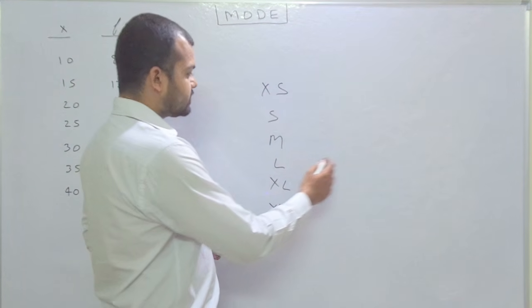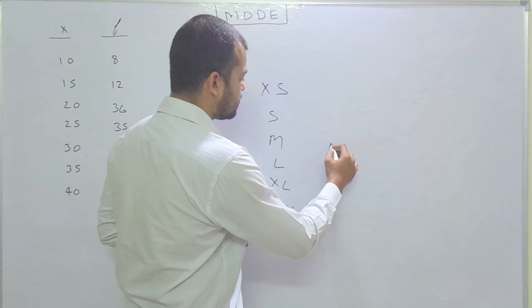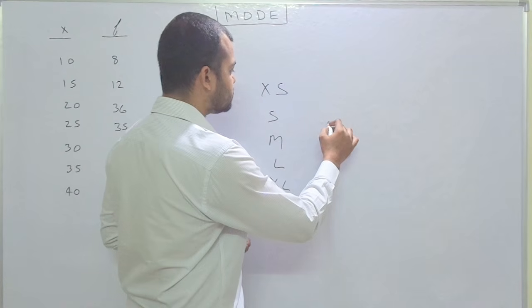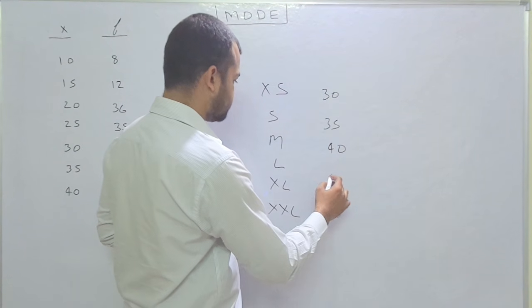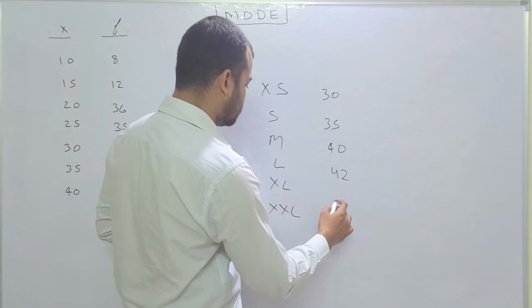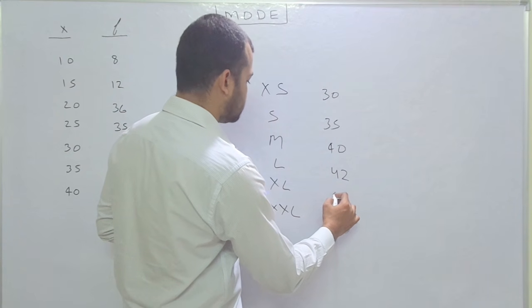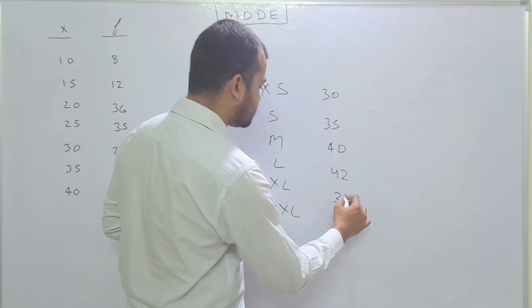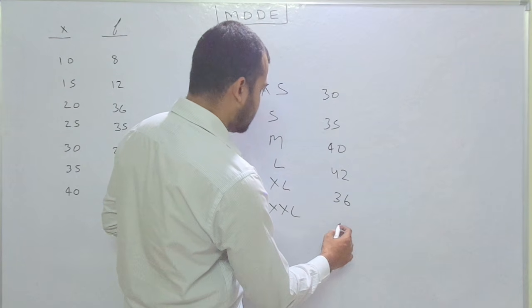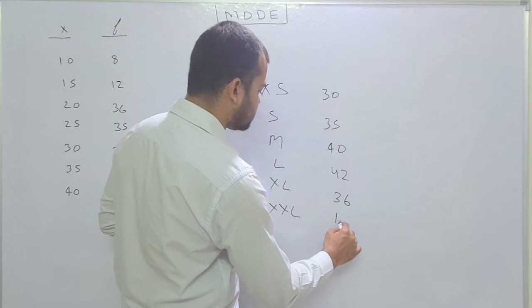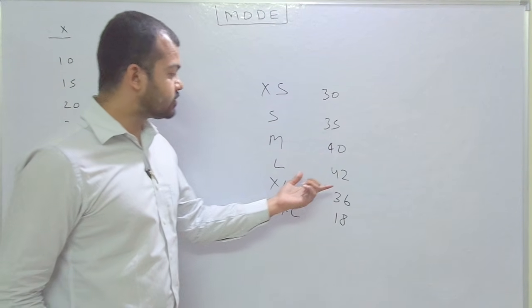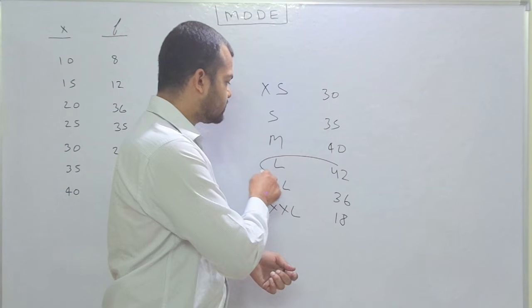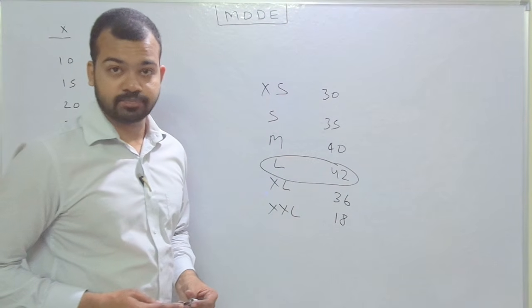Putting in some hypothetical values, suppose these are 40, 35, 30, 42, 36 and extra large is 18. So by observation we can say that the modal class is 42.